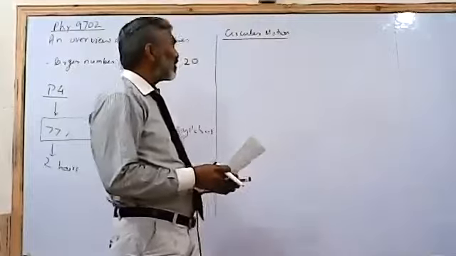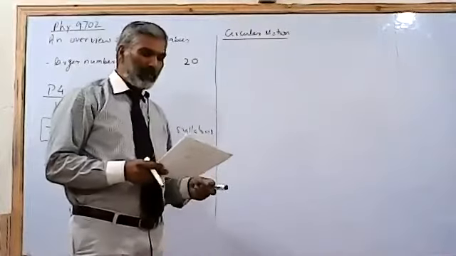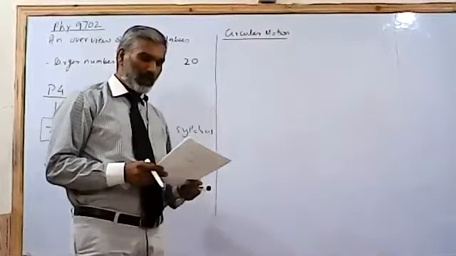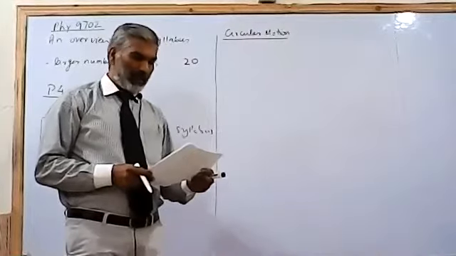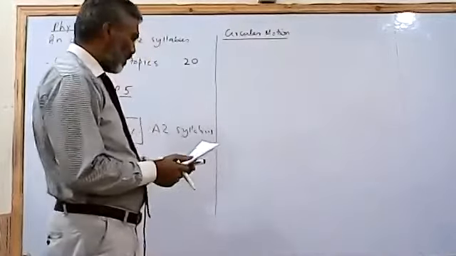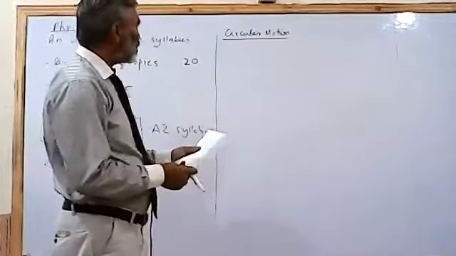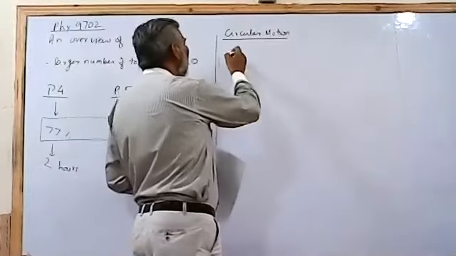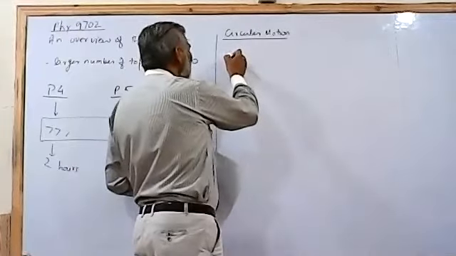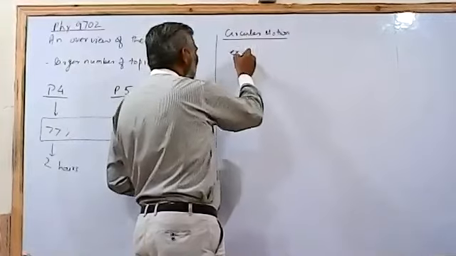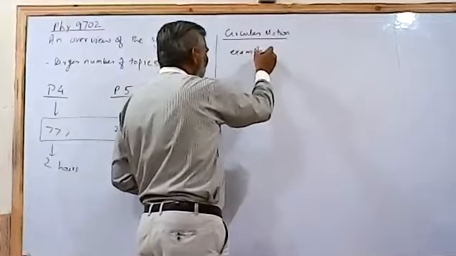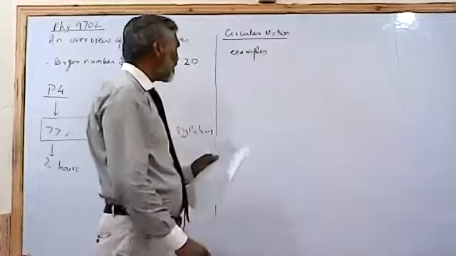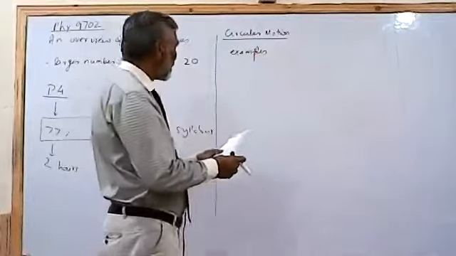In physics, we have several examples of circular motion, and there are so many questions that appear in paper 4. I would like to begin by making a list of several examples, and it's important to understand these examples because we have questions related to these.